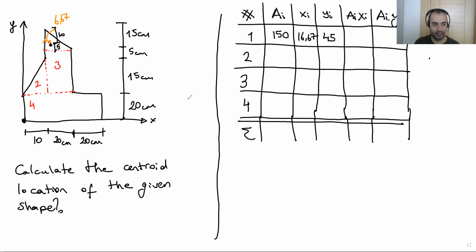Let's do the second. Second is here. Again, we have a triangle. If we have a triangle, remember we are gonna use always 1/3 rule. Its center point is here, and this distance. The total is 10. Let me calculate that number over 3. Yes.